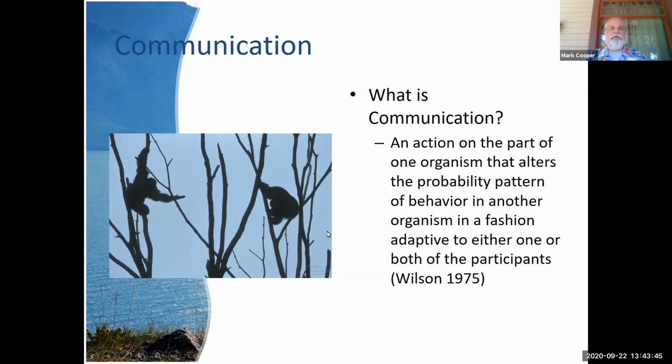So here we have two primates, and there's some communication going on. When you look at this, we often look at these in our context. When we're in class in person, I often ask, what are you seeing? I try to get people to think about what is being communicated. We have the individual over here on the left, and he's got this, I'm assuming, it could be a she.